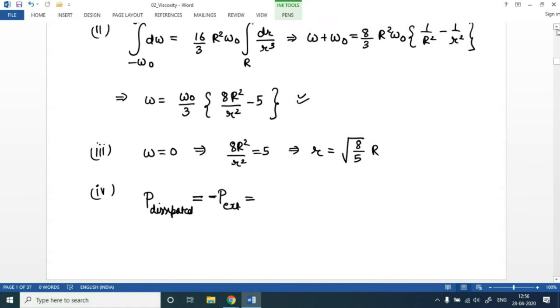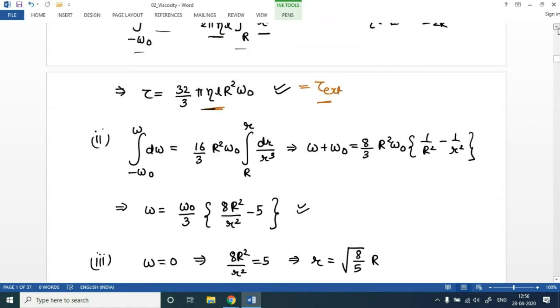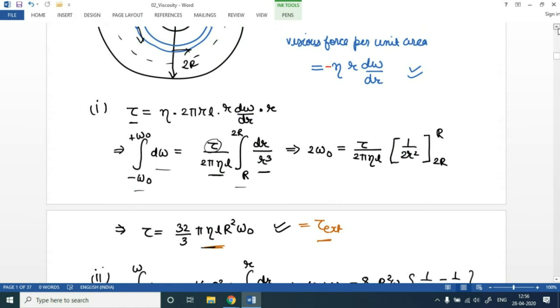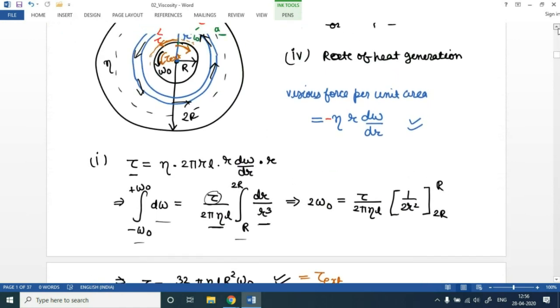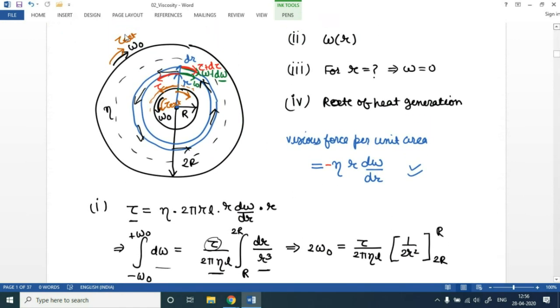Now let's look at the diagram again. Due to this external torque, the outer cylinder is rotating with angular velocity omega naught, and the angle between tau external and omega naught is equal to 0 degrees. So they are in the same direction.